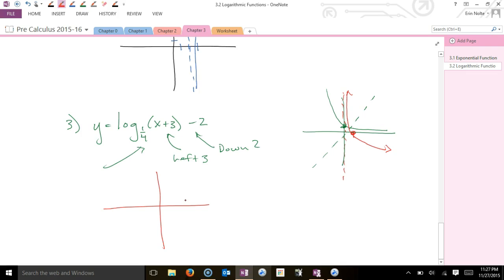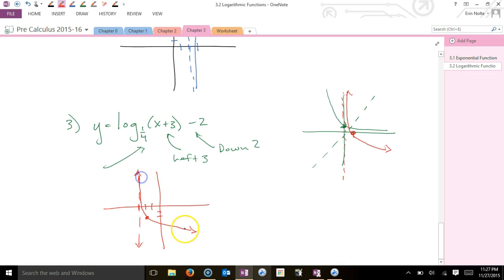Okay, so what's the first thing I draw of my function? What's my vertical asymptote at? So 1, 2, 3. Where's my reference point? Right 1 and down 2. Okay, so then I just draw that red line that I drew before. Down low.